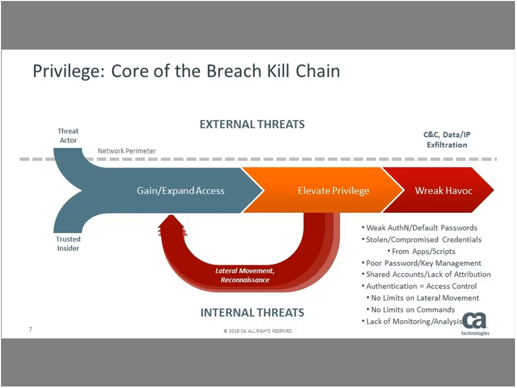Once they've elevated privileges, they're always going to follow this expand model to try to get a permanent foothold and put in backdoors they can exploit more easily later. And then once they have control of your environment, they can wreak havoc, as is the typical MO.